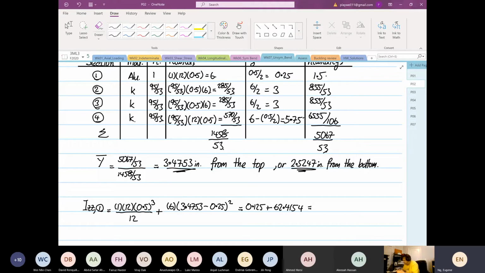So 1 times 12 times 0.5 power 3 divided by 12 is 0.125, 3.4753 minus 0.25 squared times 6 is 62.4154. So 0.125 plus 62.4154 is equal to 62.5404 inches cubed.